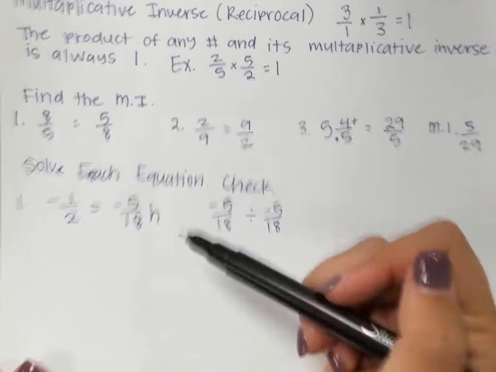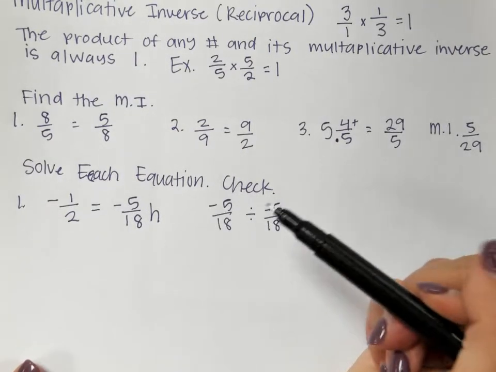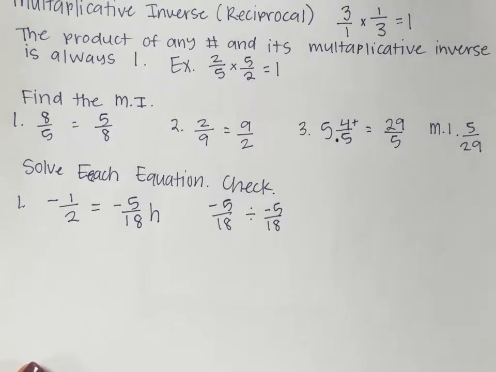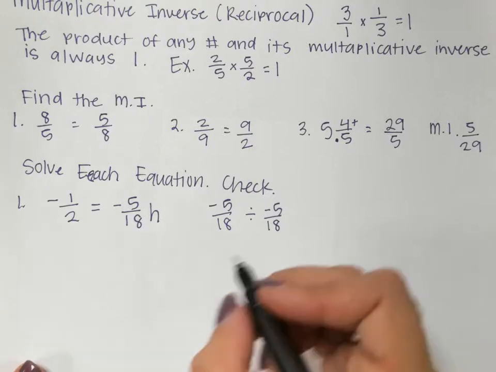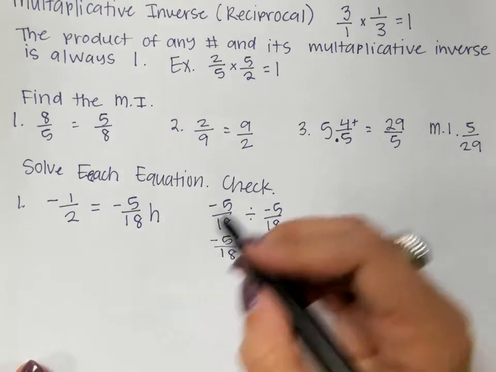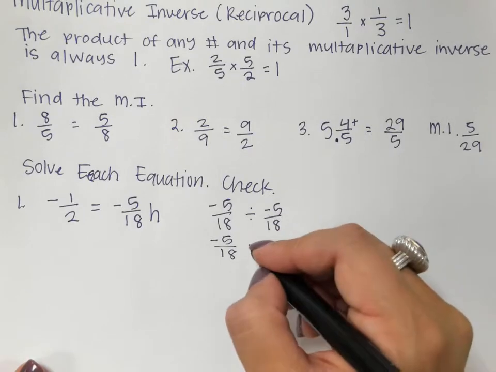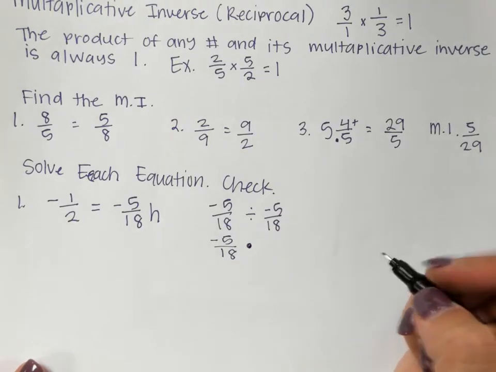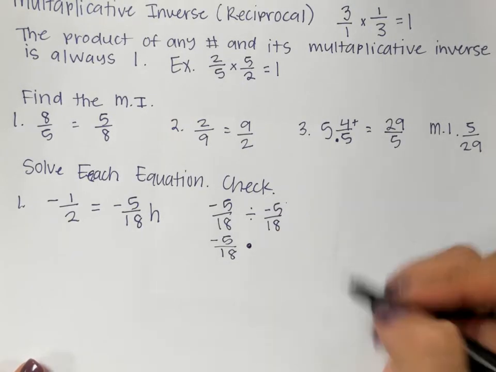But how do I divide fractions? Do you remember? Keep, change, flip. So that means I keep negative 5 over 18. I change my division to multiplication. And then I flip my second number.